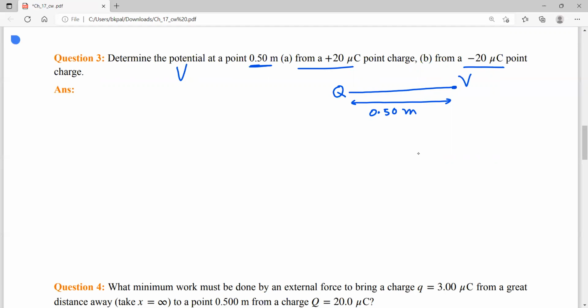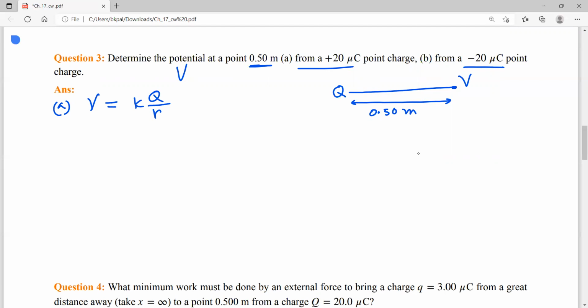Number A, the potential for a point charge is equal to KQ over R. Make sure you don't write R square. R square is for the electric field, and here we are talking about the potential.